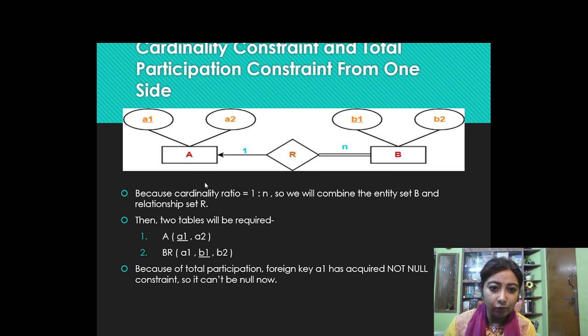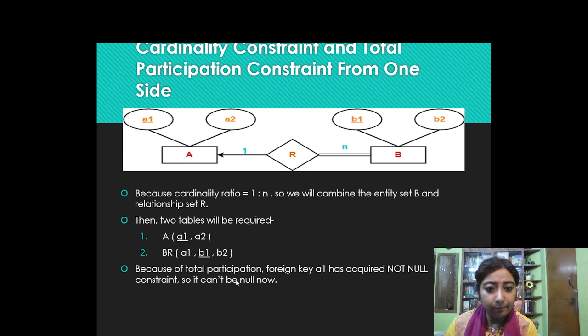Though it is 1:n, here we combine the entity set B with relationship R, and then the two tables will be A with the values A1 and A2, where A1 is the primary key, and B combined with the relationship R. Here B1, B2 along with A1 is coming as a foreign key.